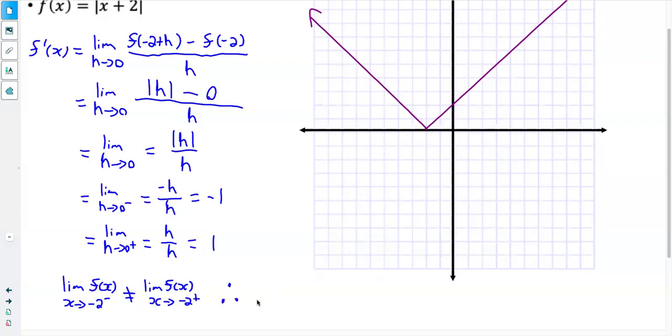Therefore, f is not differentiable. So we end up with a corner when these limits do not equal each other. And we should include not just not differentiable, but not differentiable at x equals -2, because technically it would still be differentiable in other parts of our graph, but not at that particular location.